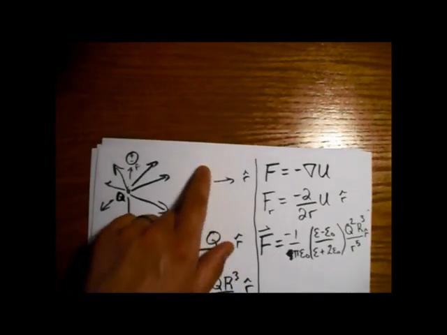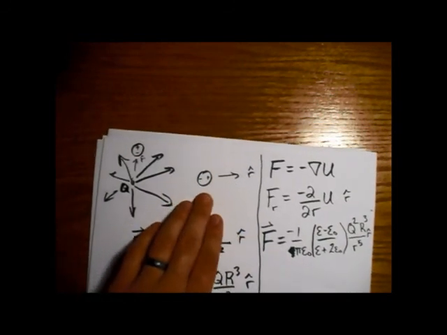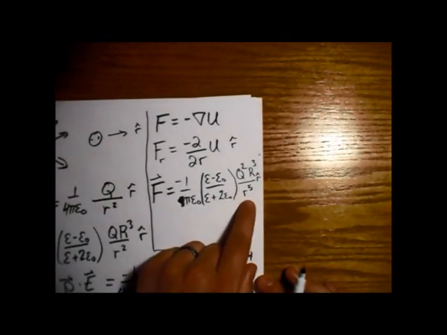This is a first order estimation, where we're assuming the field is approximately uniform out here where this sphere is located. You can see this force drops off as r to the 5th power, so really quickly.